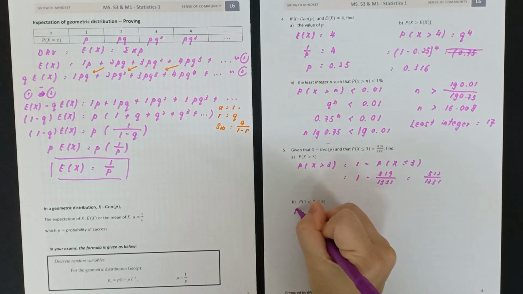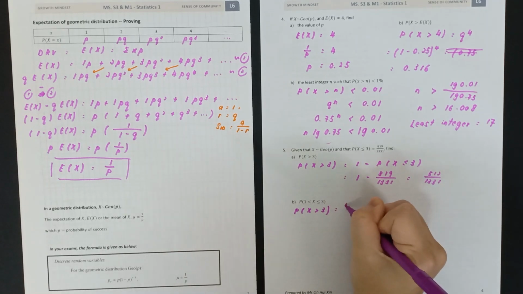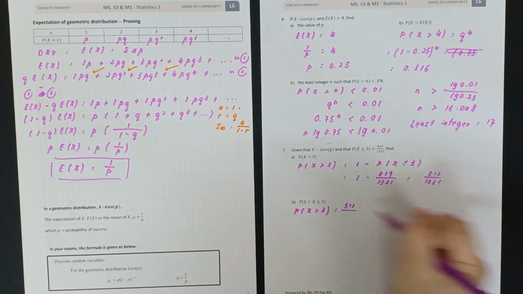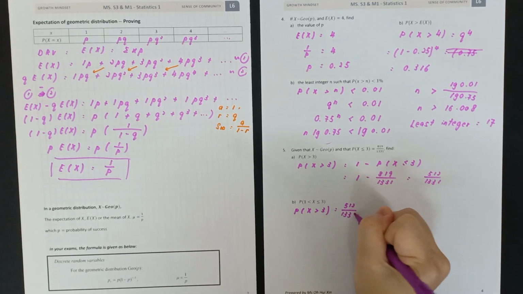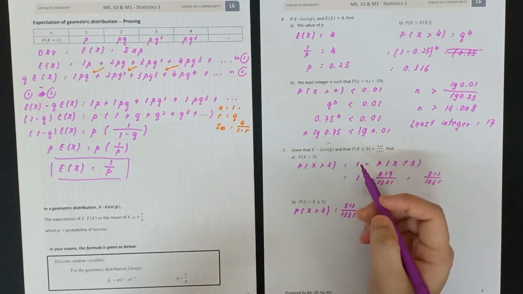So let's use the one that we found in A. If you still remember how to do this, the probability that X, the number of tries you needed for your first success, is greater than 3, is basically equal to 3 times failure. Then only you can have trials more than 3 times.